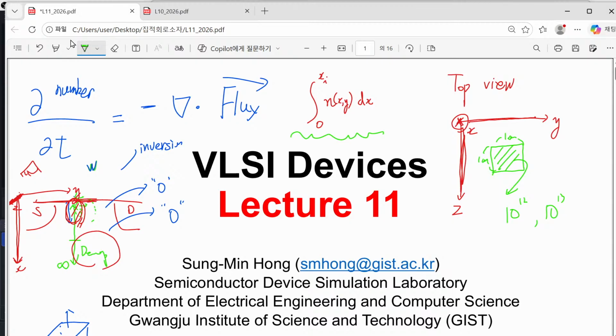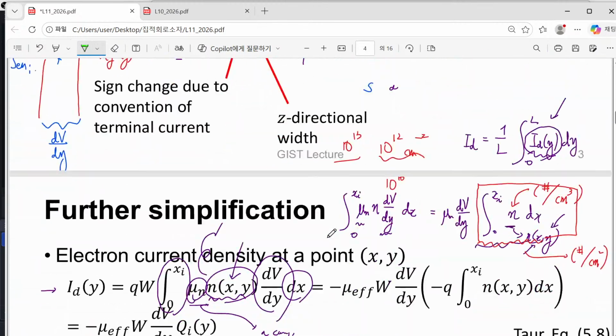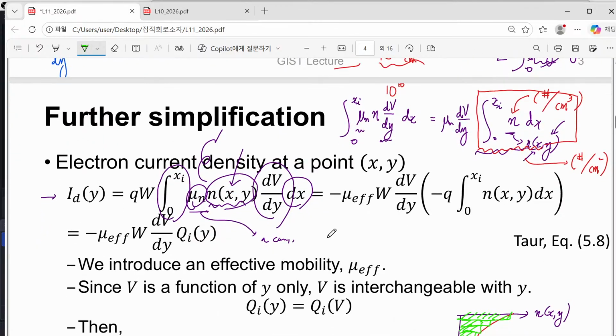So that is emphasized once again. So now you can understand. Here you have the vertical integration of a three-dimensional electron density, and it gives you the areal electron density. So how many electrons per given area?